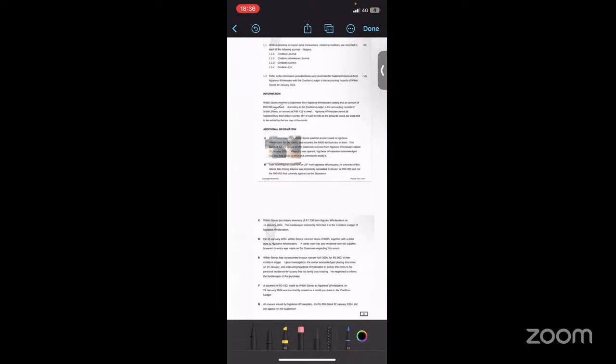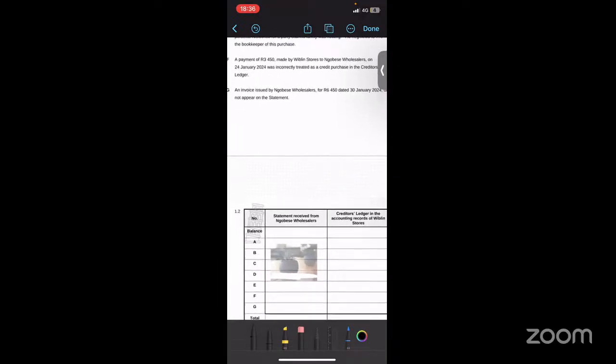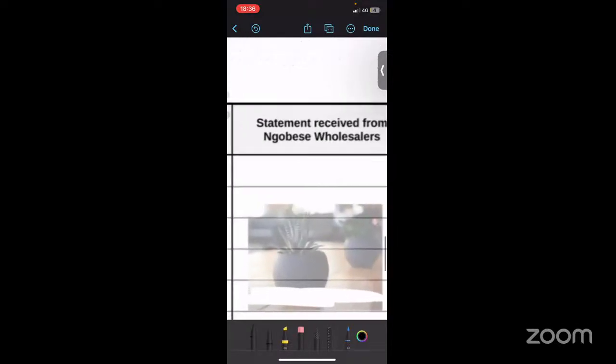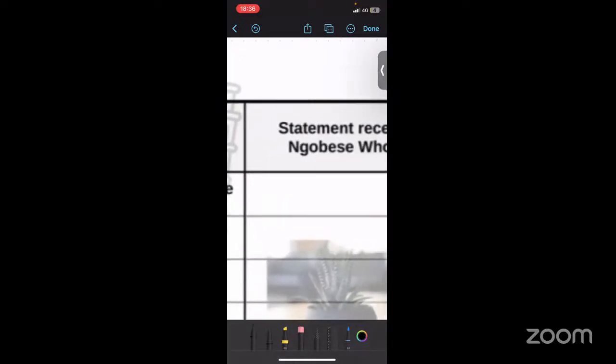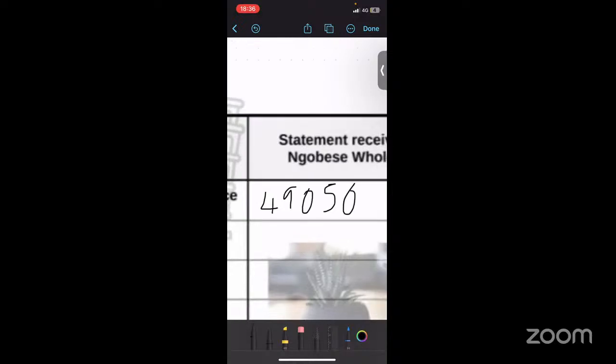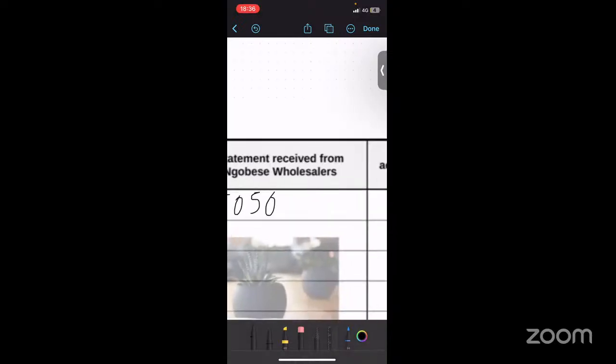And let's see. Where's that answer book here? Statement received from Ngobese. How much is it? It was 49. The balance is 49,050, and it's not six. Let me try to. Why is it that my zeros? Okay, maybe I should do this.